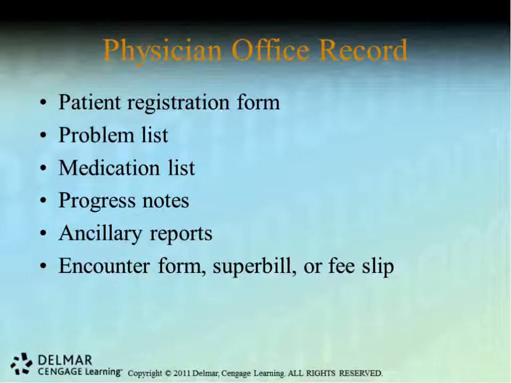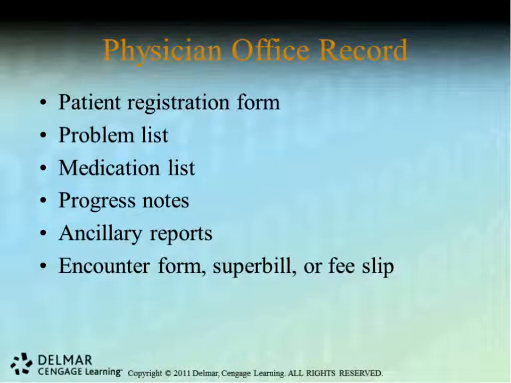Also, in a physician office record you're going to see something we call an encounter form. You may hear it called a super bill, a fee slip, or a charge slip. All of these are the same thing. Basically, this is the form they use to capture all the charges. It's usually a single page, and it lists all of the procedures commonly done at that physician's office, with CPT codes, your Current Procedural Terminology codes, listed next to them.